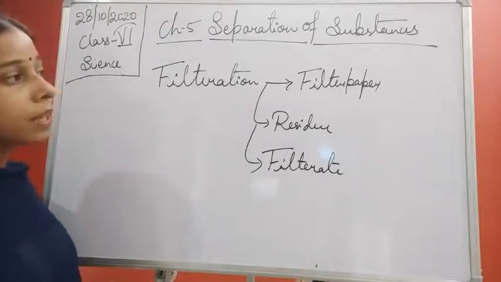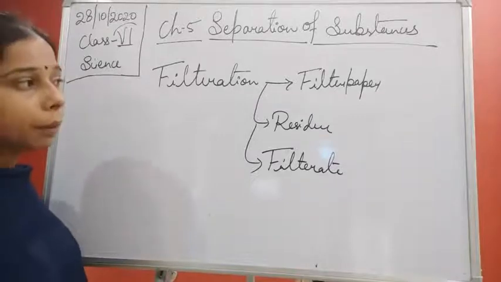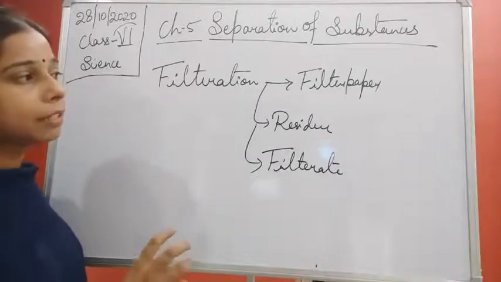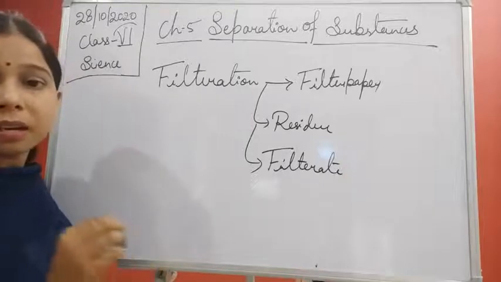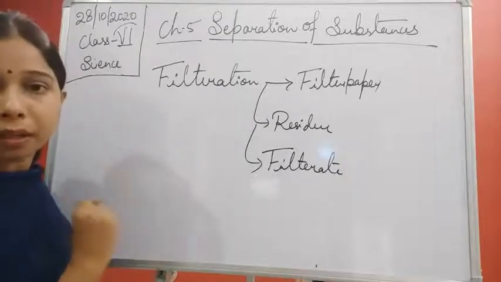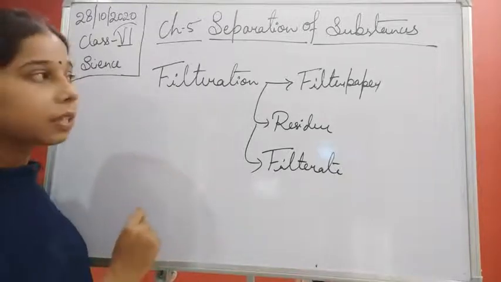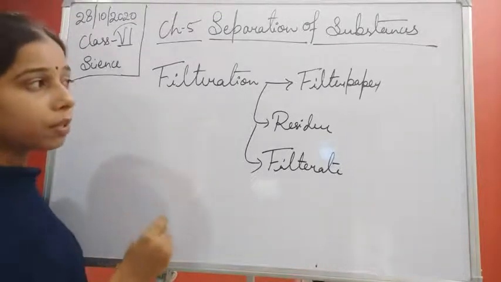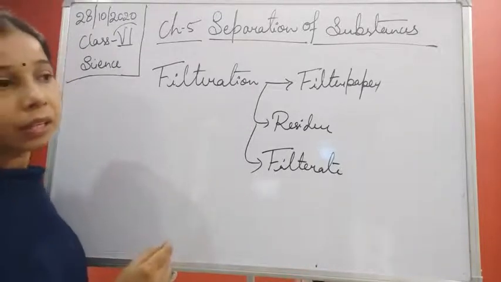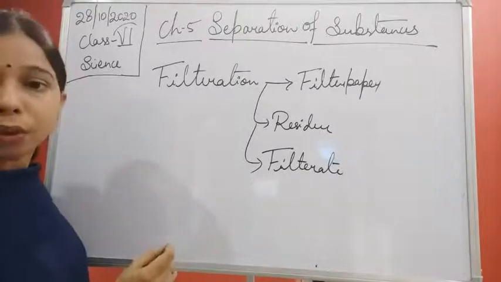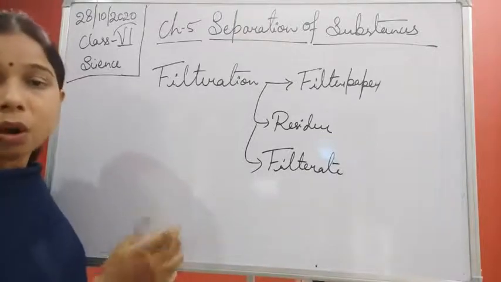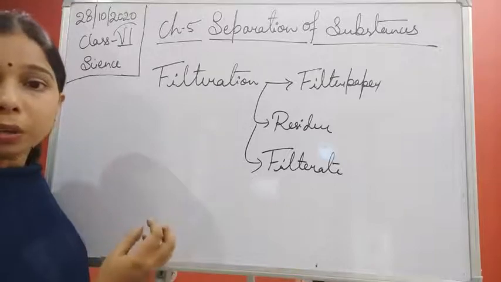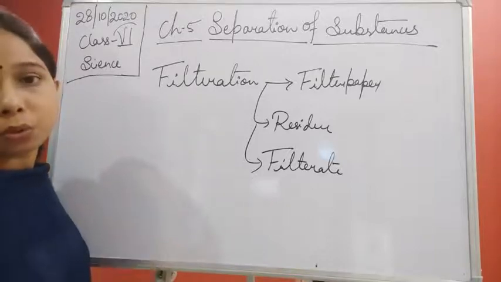You see students, the filter paper is basically a kind of paper consisting of minute pores in it. These pores help in making the solid particles remain on the filter paper, while the liquid particles can easily pass through it.